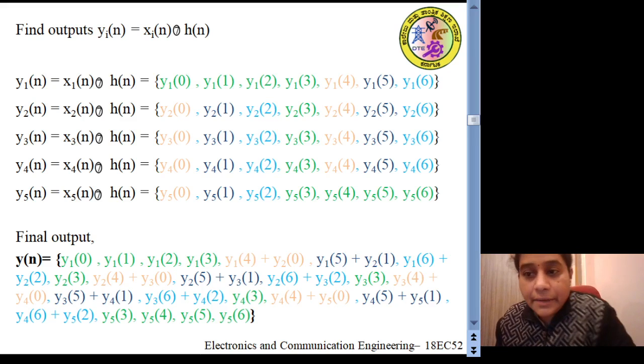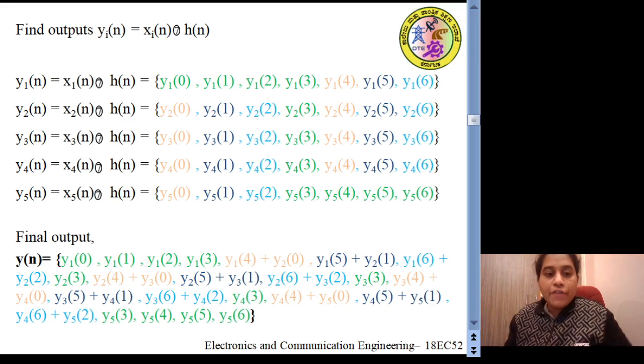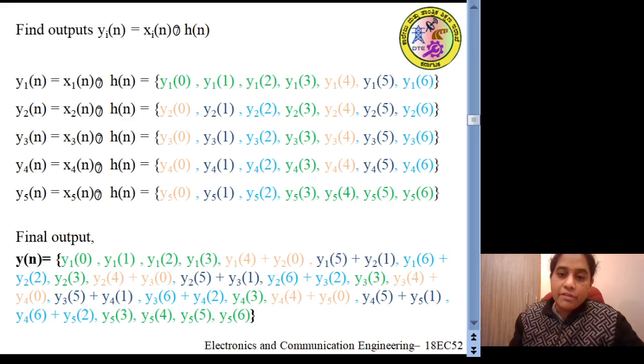Observe here, y1 of n is equal to x1 of n 7-point circularly convolved with h of n to obtain y1 of 0, y1 of 1, y1 of 2, y1 of 3, 4, 5 and 6. So there are 7 samples. Similarly, y2 of n is equal to the 7-point circular convolution of x2 of n with h of n to obtain y2 of 0, y2 of 1, y2 of 2, y2 of 3, y2 of 4, y2 of 5 and y2 of 6.